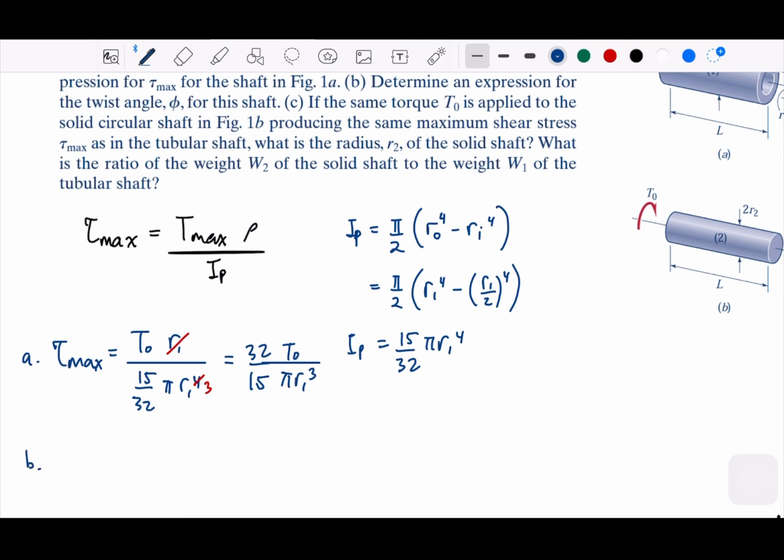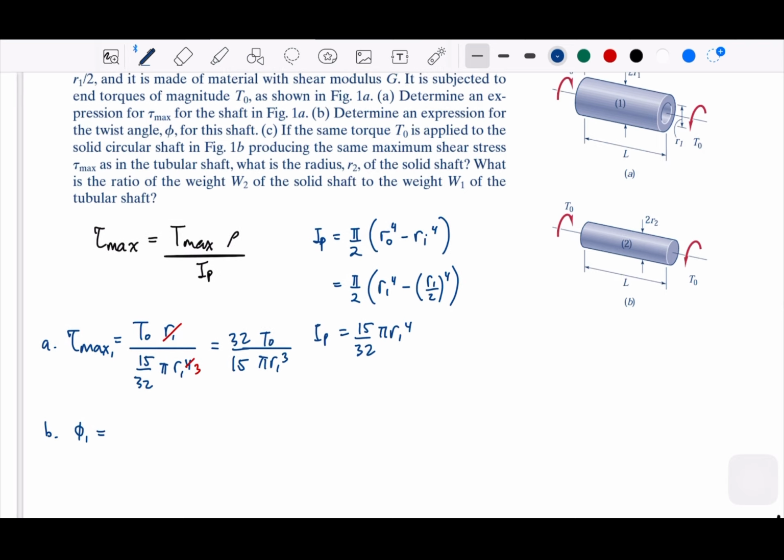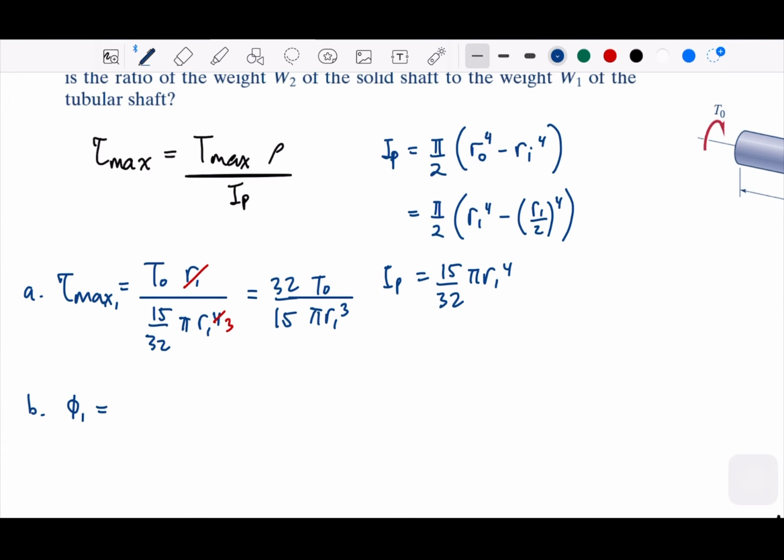And then for B, the twist angle. Let me write that this is tau for 1, this is twist for 1, which means material number 1. So twist angle is T0 L over G and then the inertia.